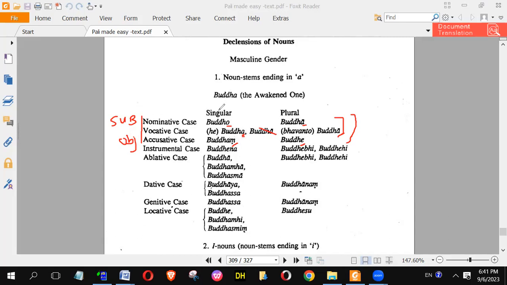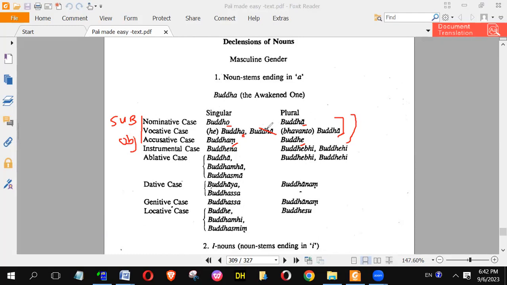So when you learn Pali, please learn how to memorize and recite in this way. Buddho, Buddha, Buddham, Buddhe. Simin, can you open your microphone? Hello, can you hear me now? Can you recite after me?